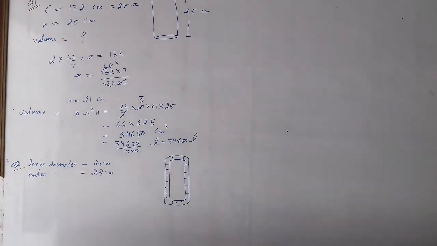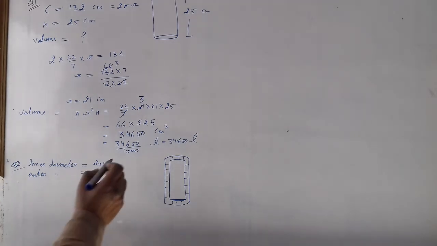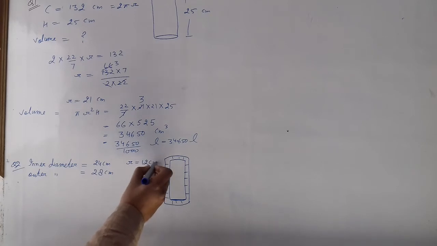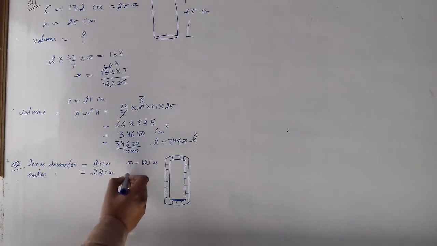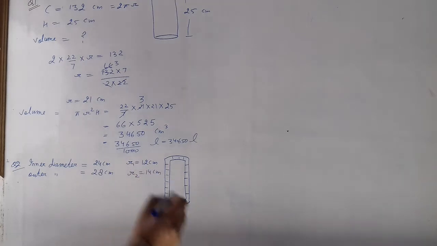Right students? If inner diameter is 24, then it becomes like this. This one is the diameter. Then inner radius becomes 12 centimeter and outer radius, say R1 and R2, 14 centimeter. Is it clear?